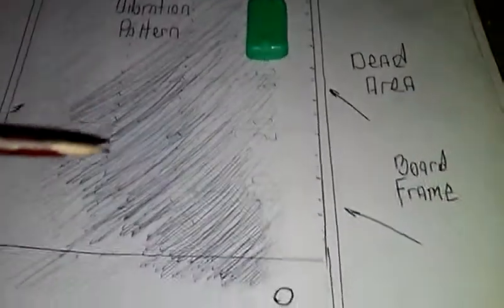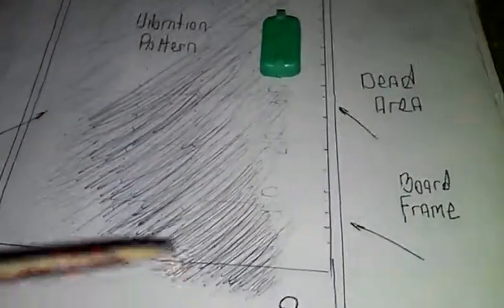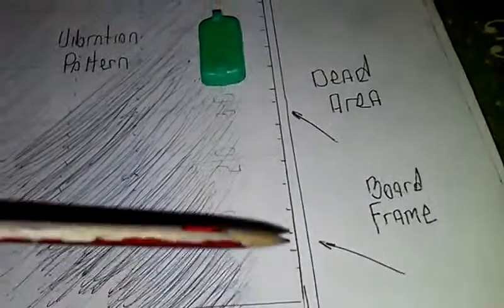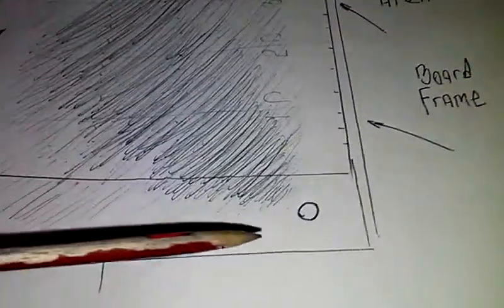The center of the field here, as you can see with this dark area, the cone-shaped area, as the vibration emanates from the motor, here's your maximum vibration area, and the further you get away from the motor, the vibration of course lessens. But here along the frame of the board is where the dead area is created. Also along the back of the end zones and everywhere that the board is attached, where the field is attached to the frame.